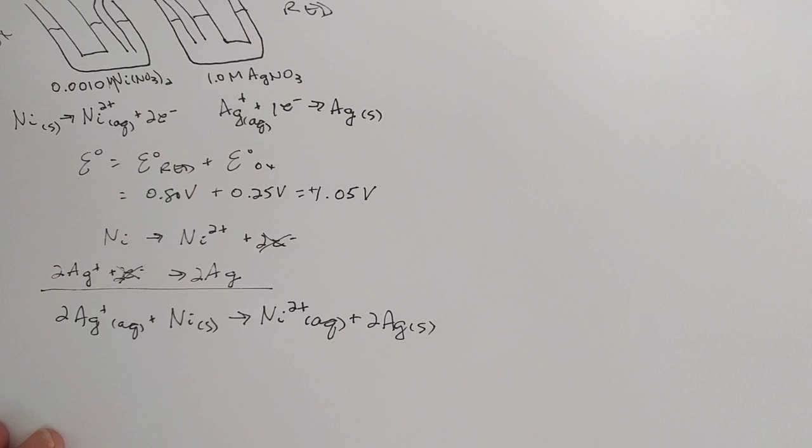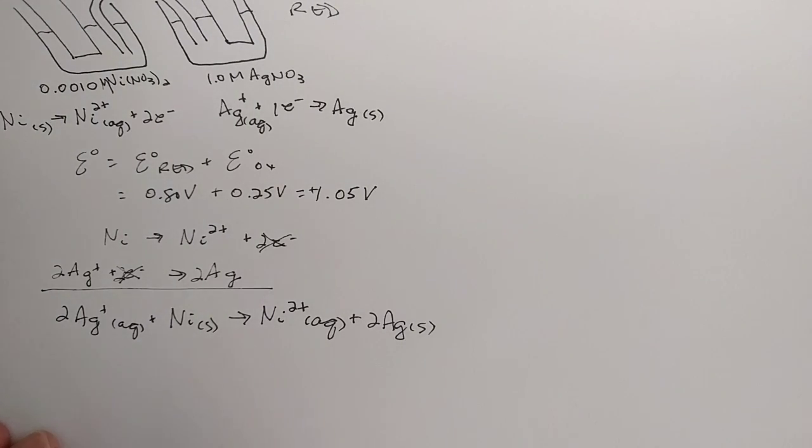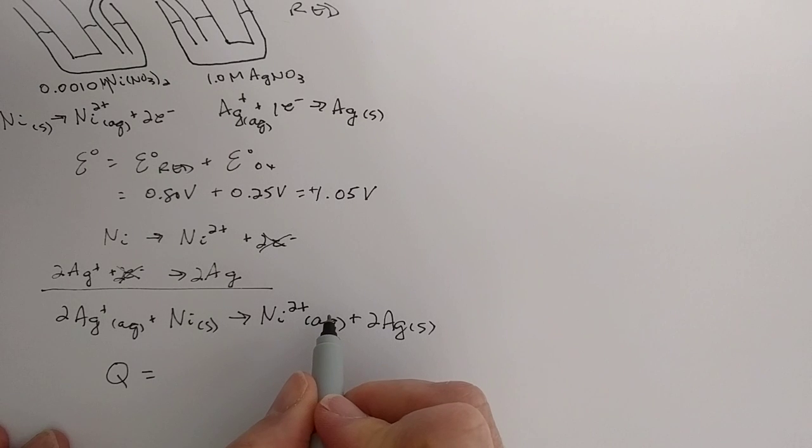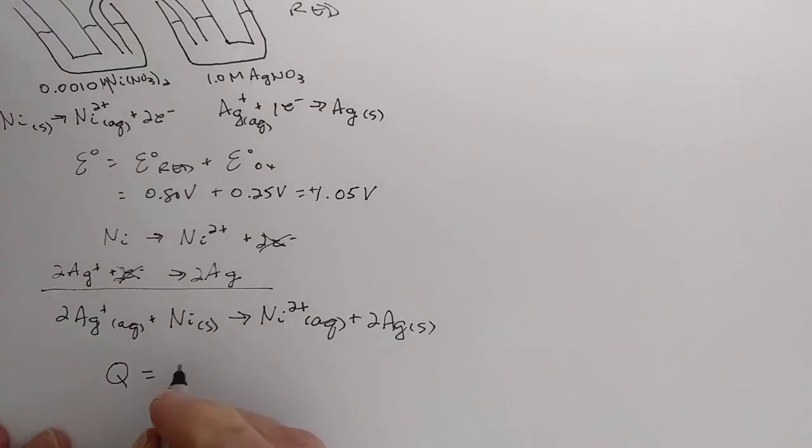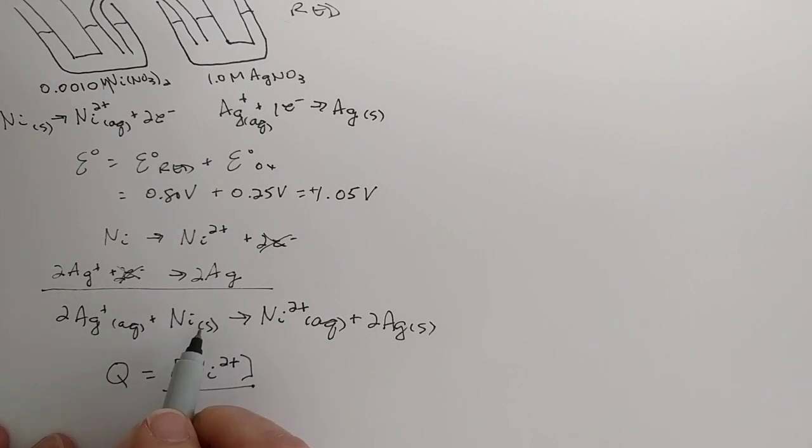So now we can write our expression for the Q. The Q is where we are, and Q always goes to the K. All right, so our Q is the product concentration over the reactant concentration. And remember, we don't have solids in the Q or the equilibrium expression. So our Q is the concentration of the Ni2+ over the concentration of Ag+ squared.